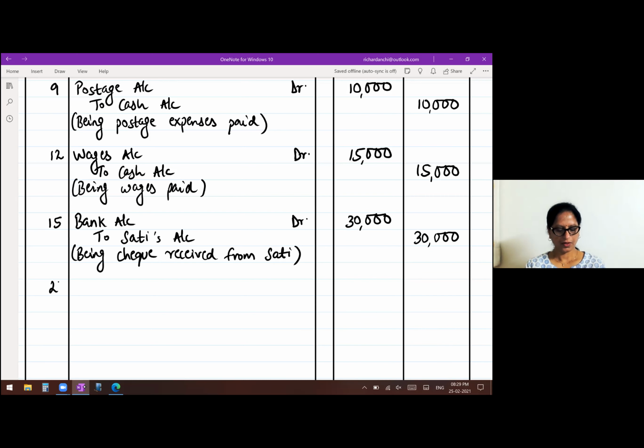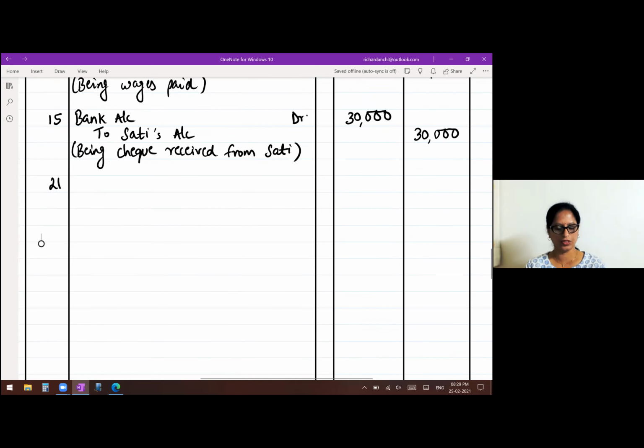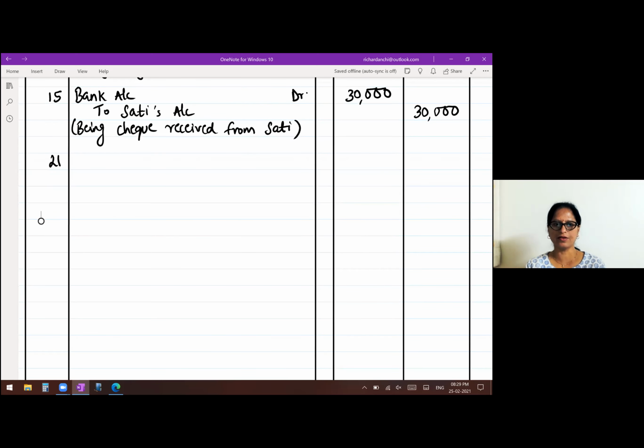21st, received dividend rupees 5,000. Now here dividend is a nominal account. So see the word before that, it says received, and the rule for nominal account says debit expenses and losses, credit incomes and gains. So dividend is an income, so you will credit that. And how do you receive this?